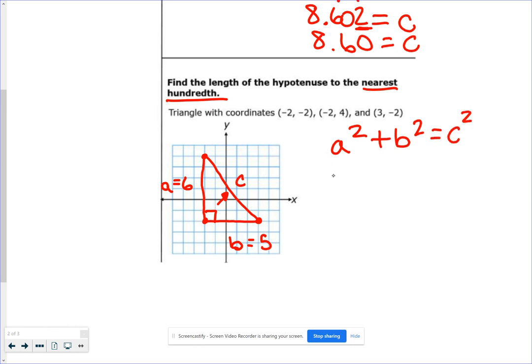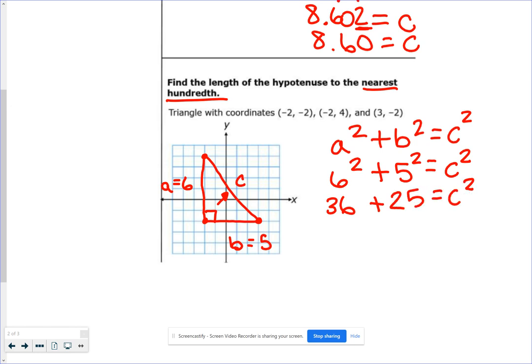All right, I said my A is 6 squared plus my B is 5 squared equals C squared. So I'm going to take 6 squared and I'm going to get 36 plus 5 squared, 25 equals C squared. 36 plus 25, 61 equals C squared, but I got to get rid of that square.